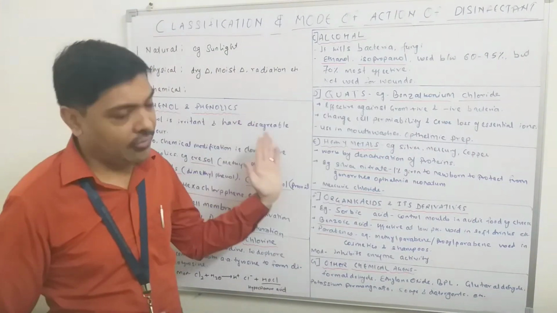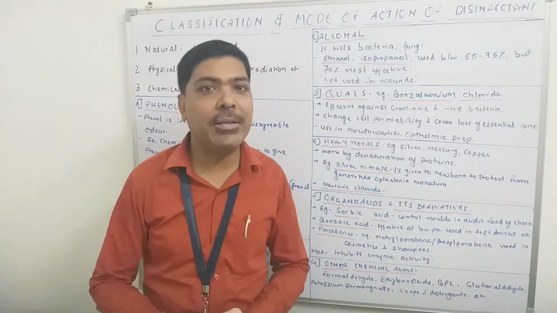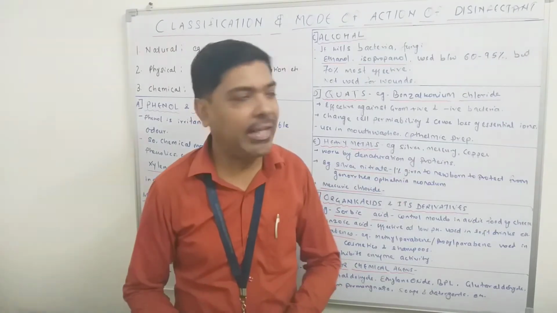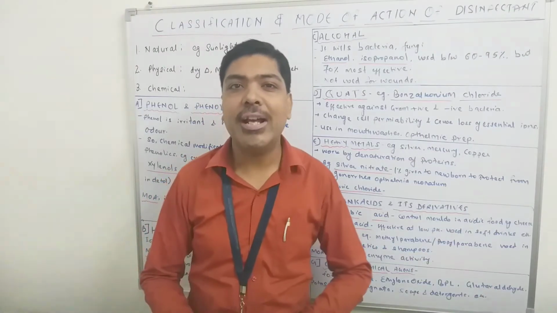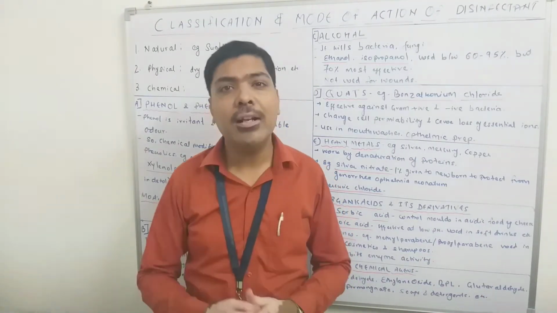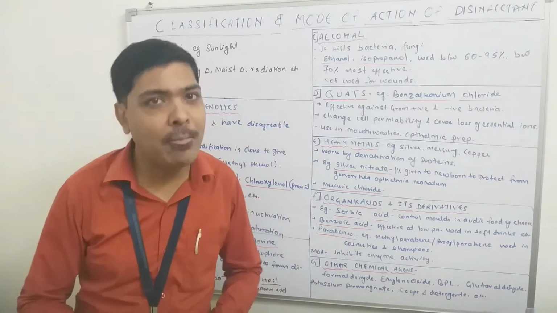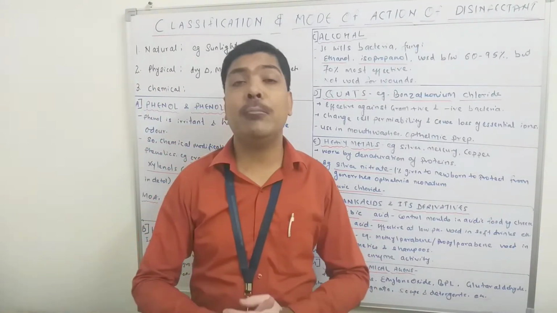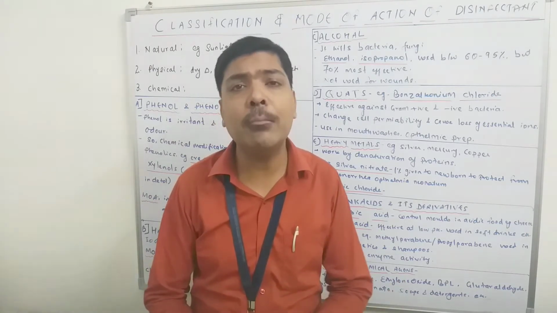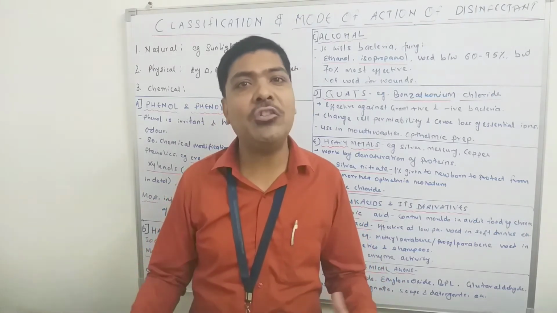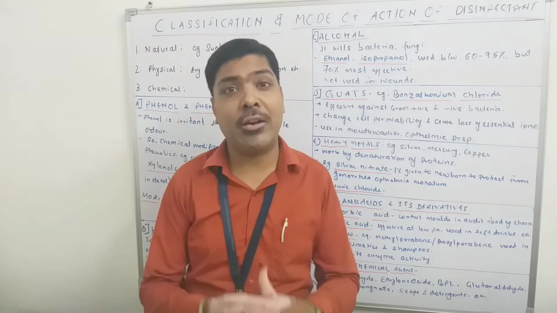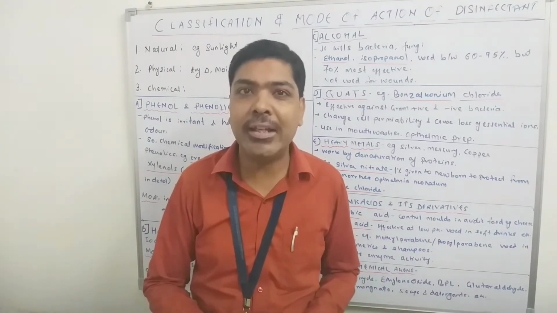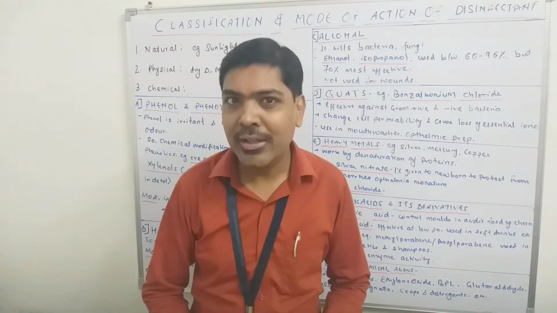As for its mode of action, it causes a change in cell permeability and causes the loss of various essential ions, because we know that every cell is surrounded by a cell membrane. Because of the application of benzalkonium chloride, the cell permeability of any microorganism is changed, and various essential ions required inside the microorganism may leak off, and because of that leakage the microorganism cannot survive.